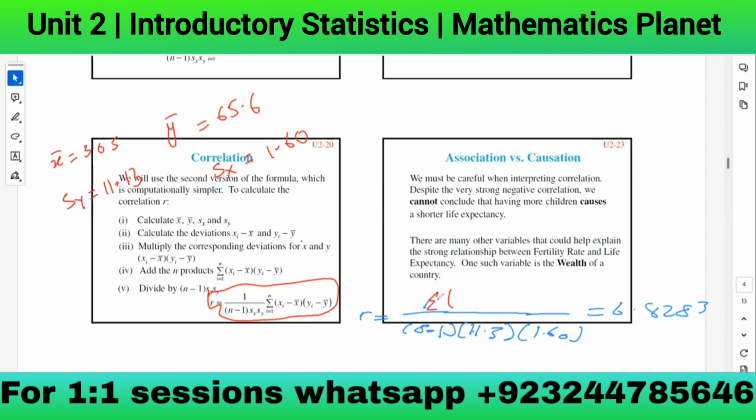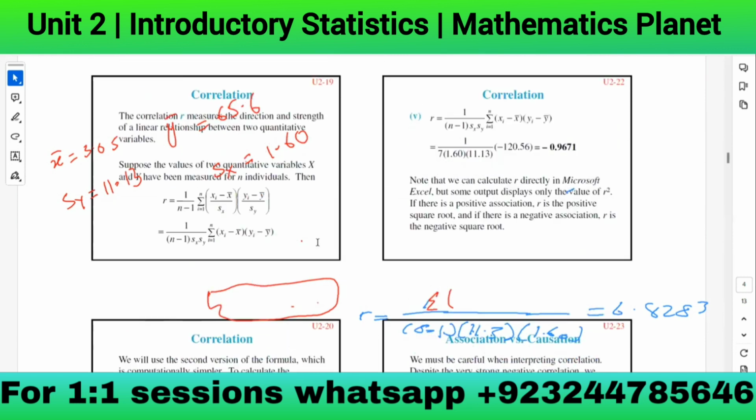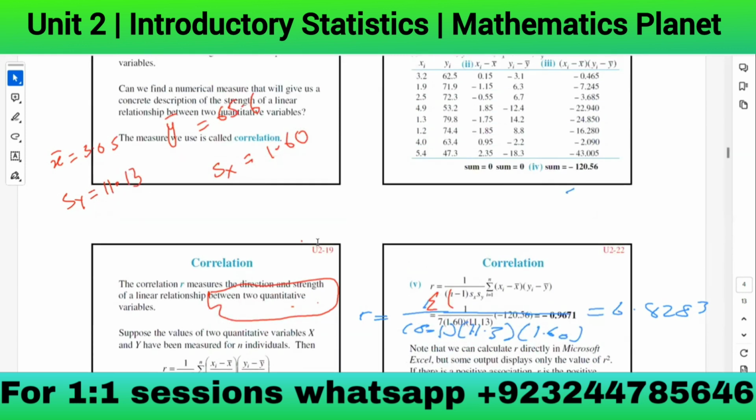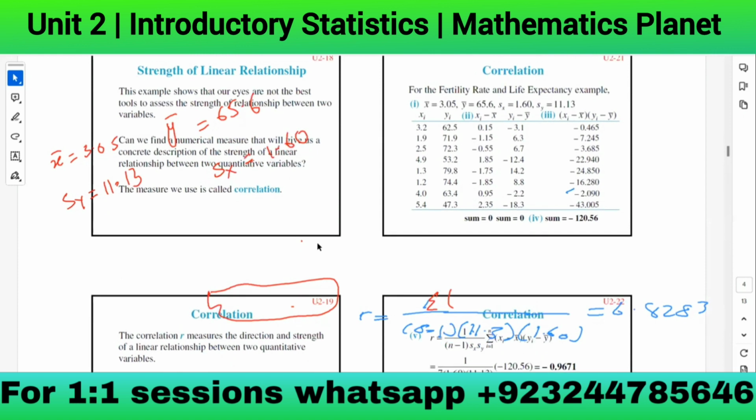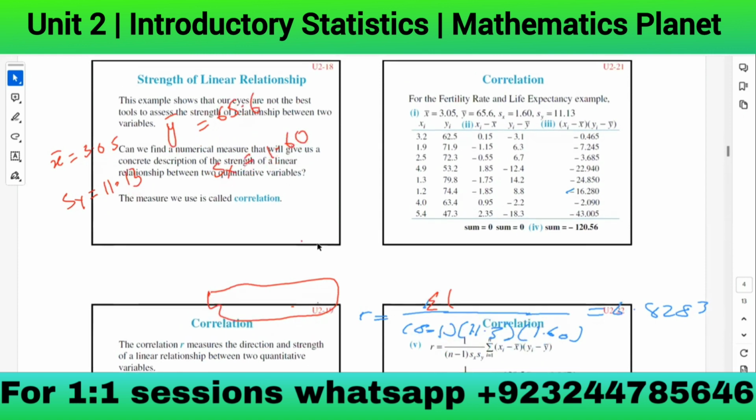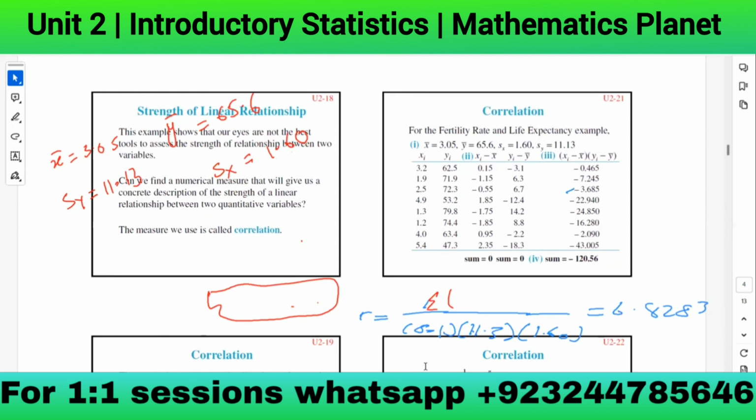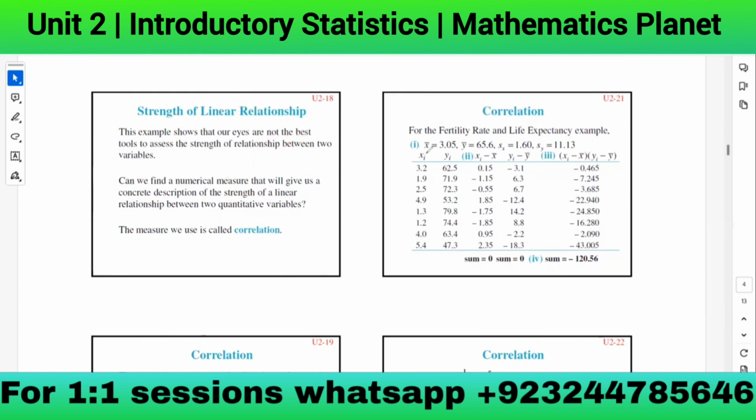So you have to take the sum of these two columns too. First of all, you will multiply the two columns and then take the sum. But for that, you need to tabulate the data. Okay, let's do it. First of all, you have the values of xi and the values of yi, and you know what x bar is.